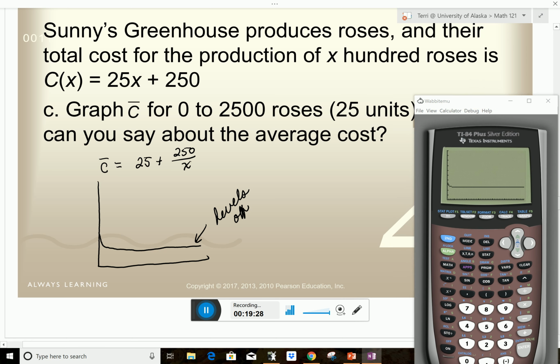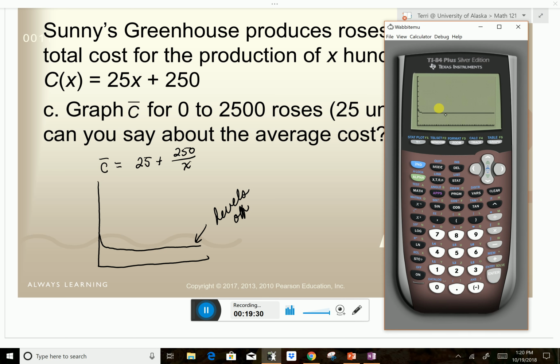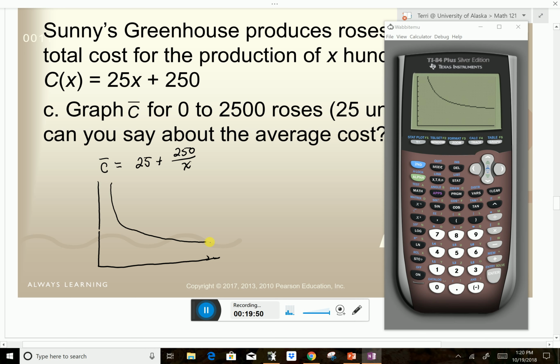This is 25 units. Okay, let's go back and fix that. That should say 25. Yeah, that'll be different. But it was interesting to see what happened in that case. See, I wasn't careful. Okay. So now it looks like this.